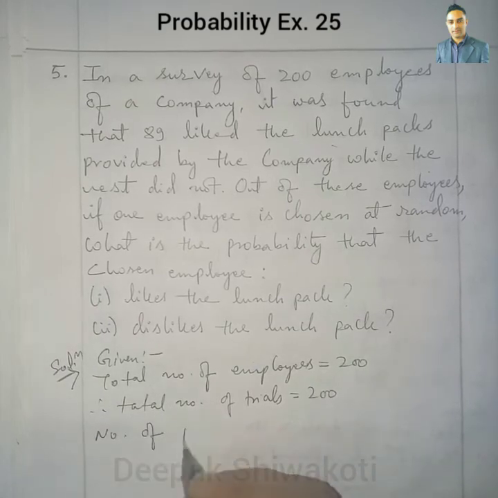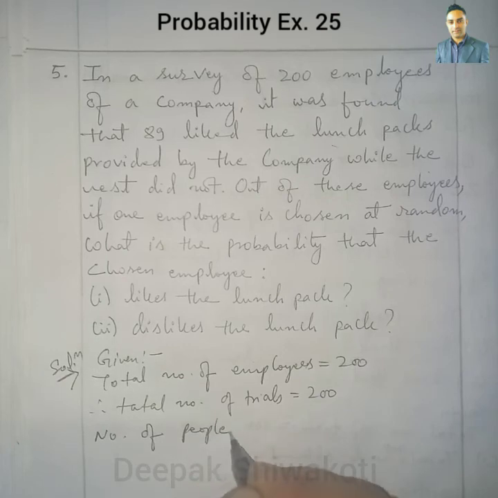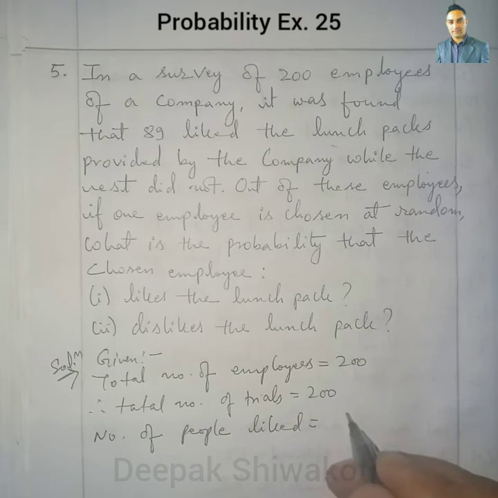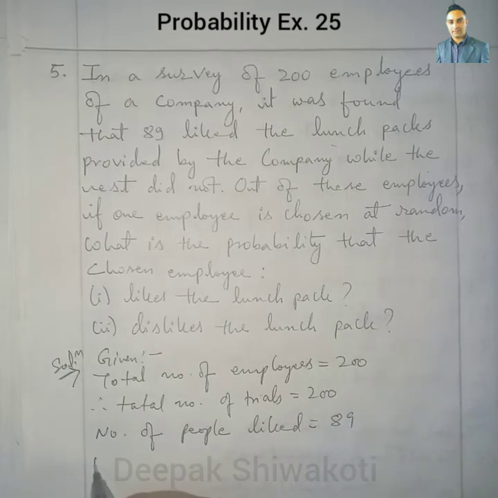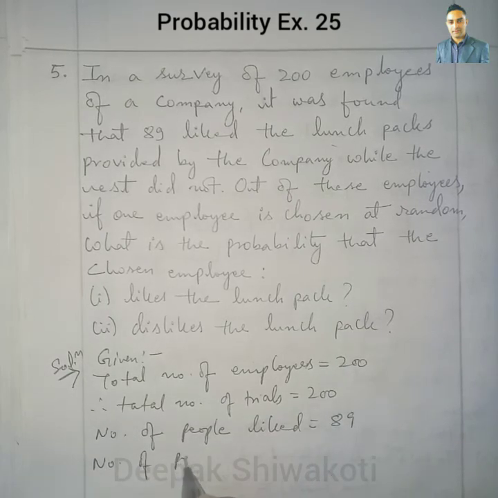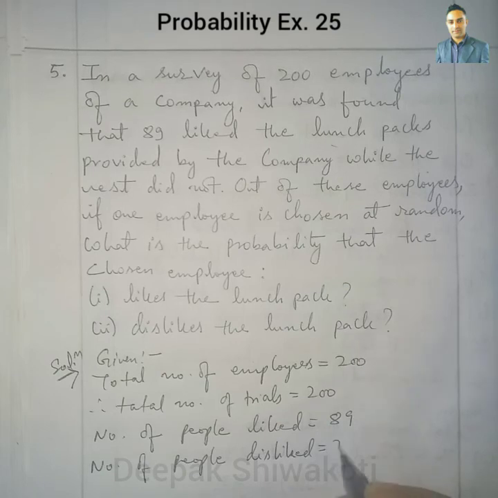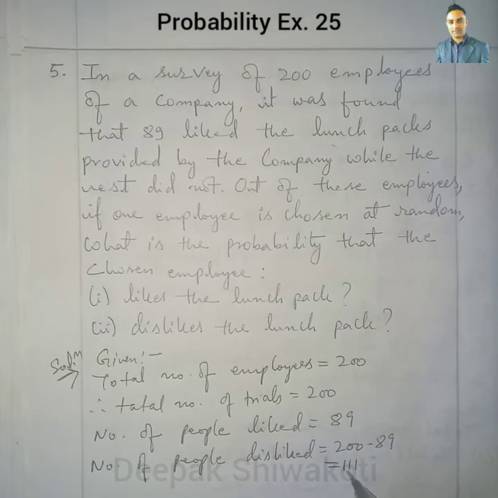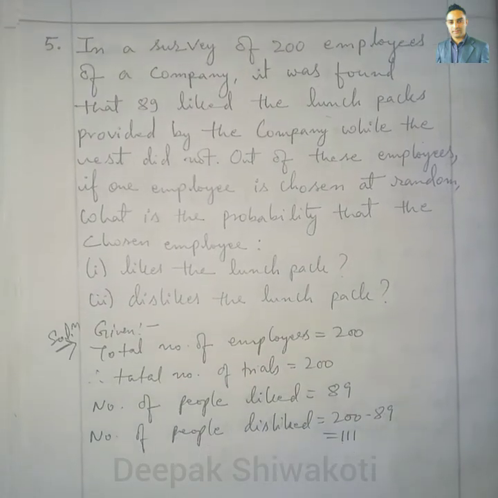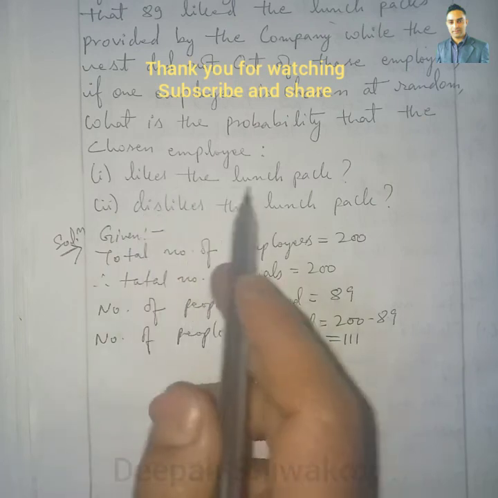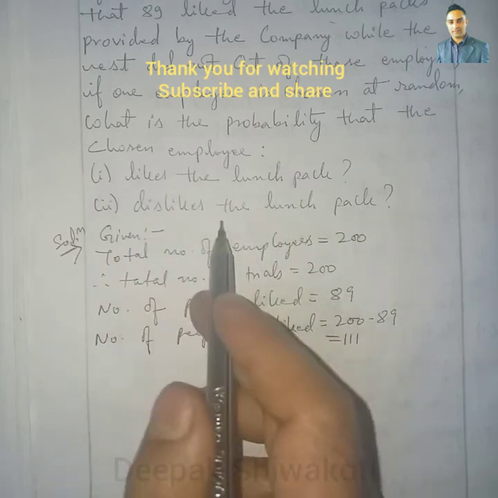Number of people liked is equal to 89, and number of people disliked is equal to 200 minus 89, that is 111. So we have to find probability of likes the lunch pack and probability of dislikes the lunch pack.